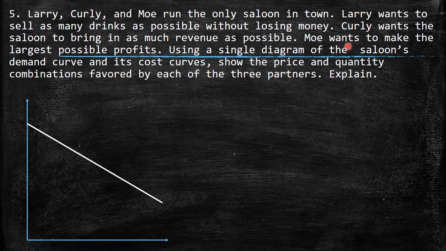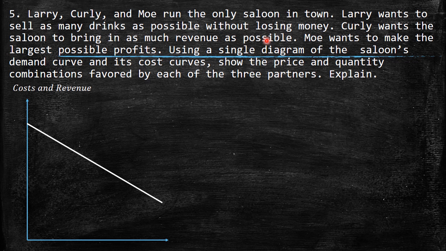So here we have the first situation, which is going to be Larry. Larry wants to sell as many drinks as possible without losing money. Here we have the situation of the only saloon in town. It's a monopoly because there is just one saloon.